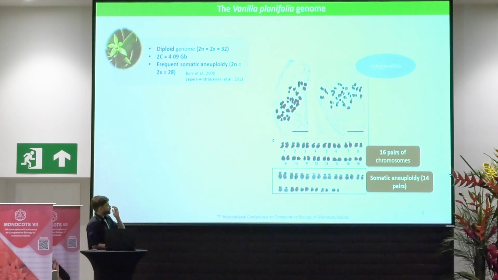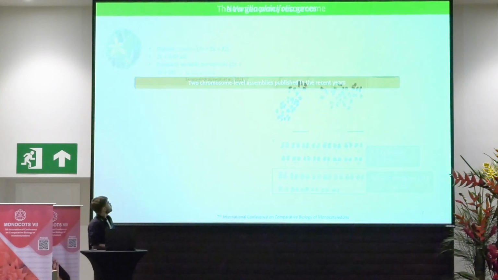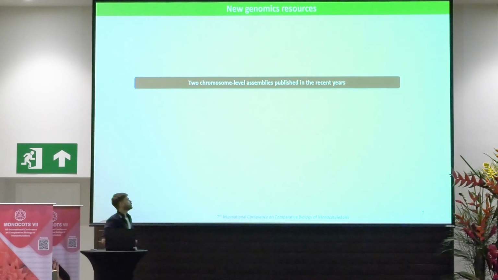But we often observe frequent somatic aneuploidy in the cells, with metaphase chromosome counting often showing fewer chromosomes than the 16 pairs. And in most cases, we observe 14 pairs of chromosomes, as shown in these karyotypes. As I said, there's a real need for genomic resources.